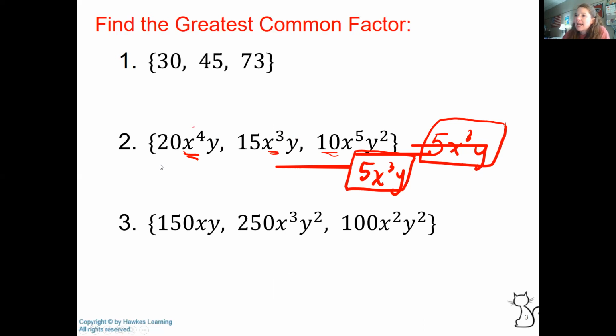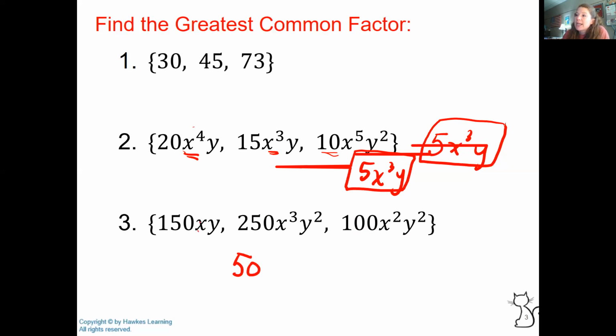All right, let's look at the next one. Our smallest number is 100. Would 100 be able to go into 250 and 150? No. So the next biggest factor of 100 would be 50. I could divide 100 by 50, 250 by 50, and 150 by 50. So we're going to start out with 50.